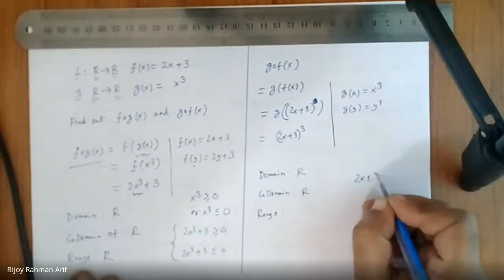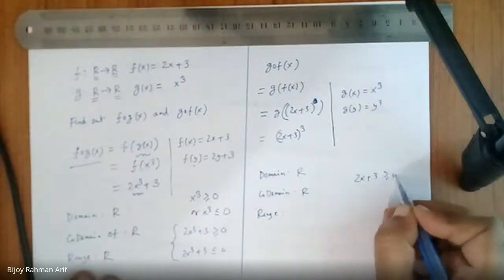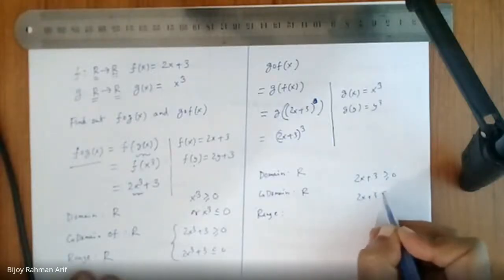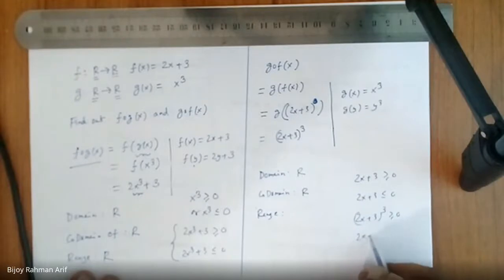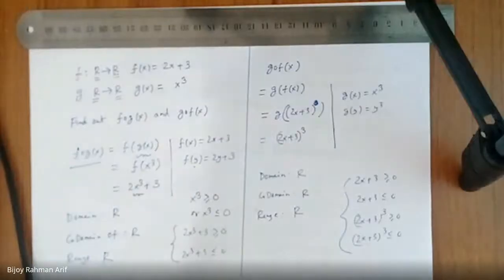Twice x plus 3 can be greater or equal to 0, or twice x plus 3 might be smaller or equal to 0. So twice x plus 3 whole cube might be greater or equal to 0, and twice x plus 3 whole cube might be lesser or equal to 0. So the range is also R. All right. So this is the g composition f.